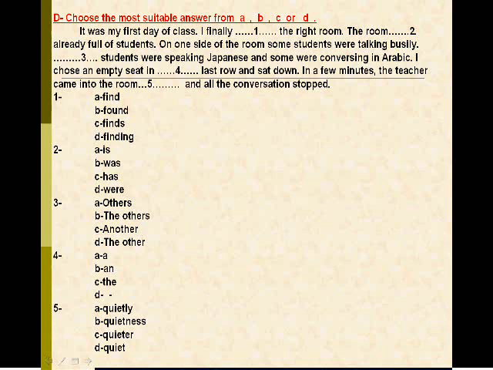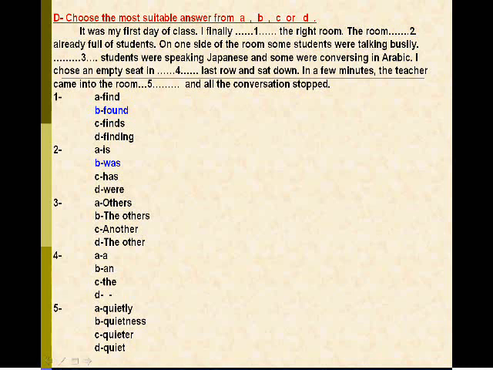I finally, excellent, found the right room. The room already full of students. So space 2 we have here: A, is, B, was, C, has, D, were. The room, very good, was already full of students.